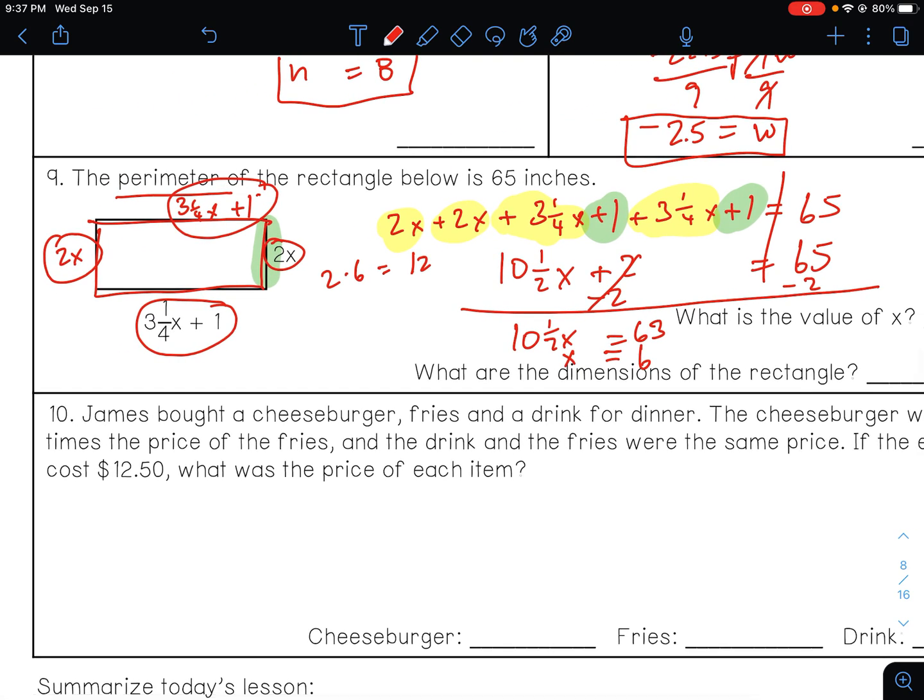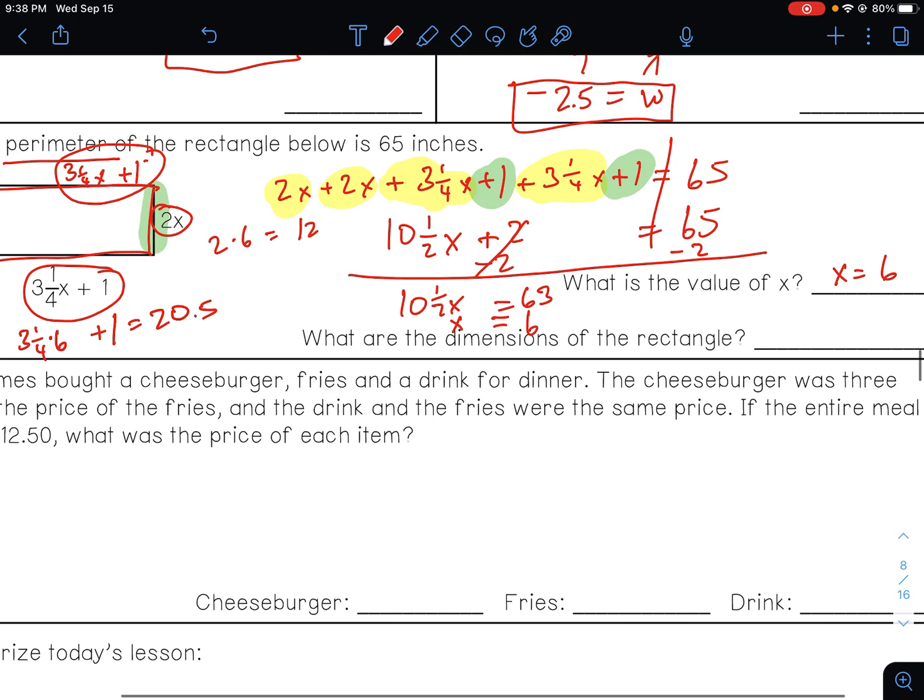And then let's do that right here. 3 1/4 times 6 plus 1. 6 times 3 1/4, I don't know that off the top of my head. 6 times 3.25 is 19 and a half, plus 1 is 20 and a half. So once I figured that out, it's actually 20.5.